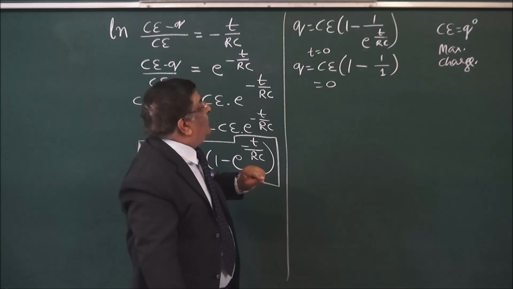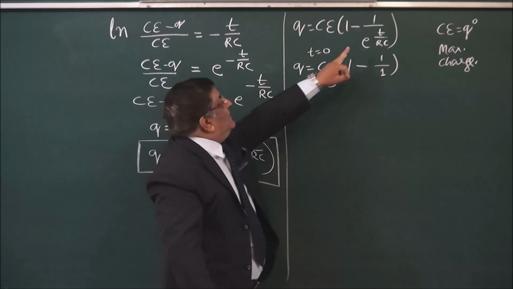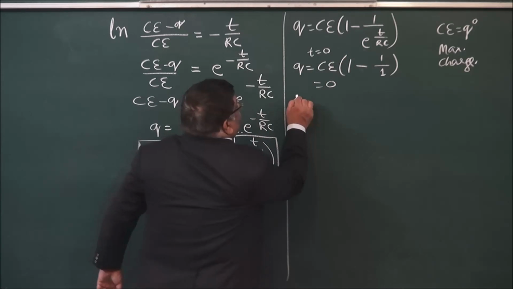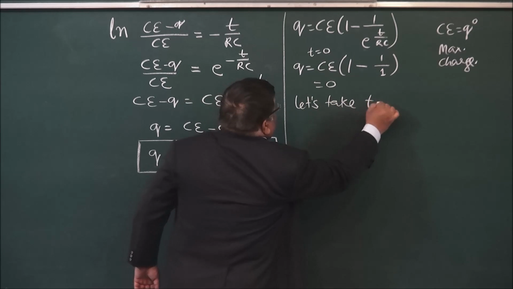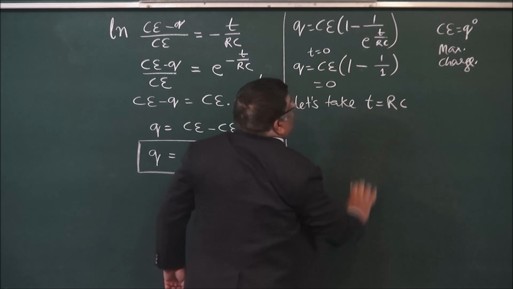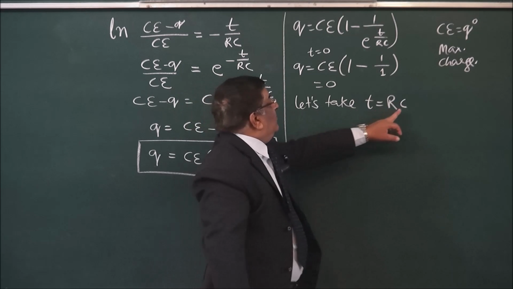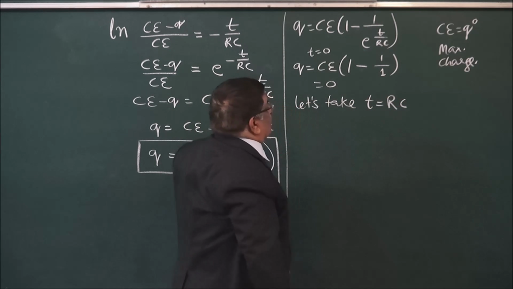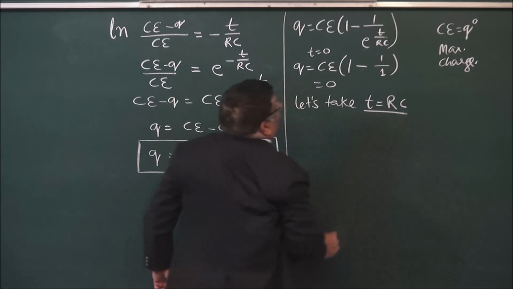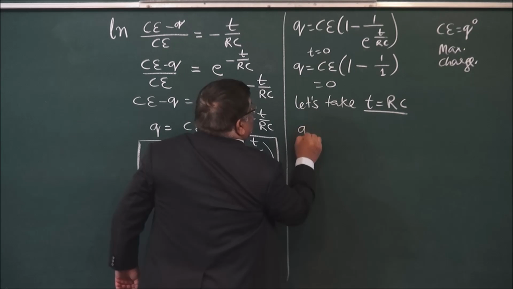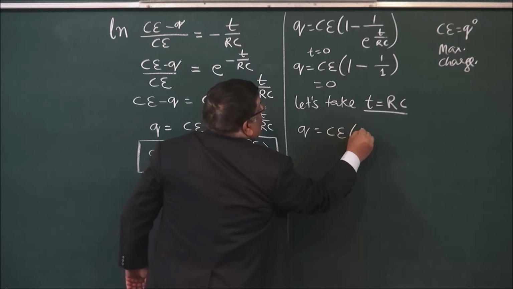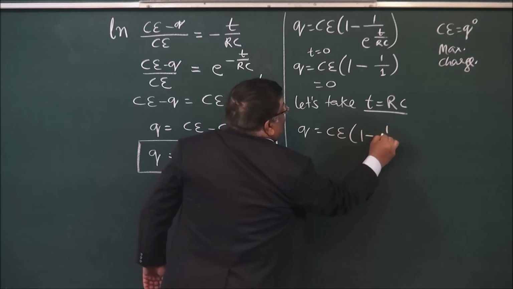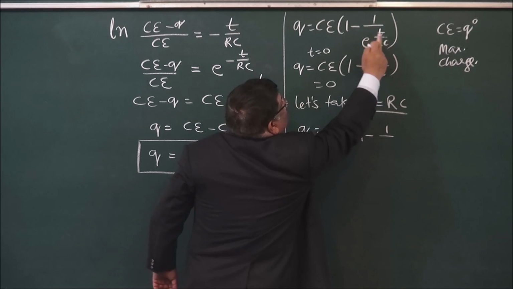0. Now if we take time is equal to RC, whatever the value of R and whatever the value of C, multiply them, t is equal to RC. At this time what will happen? This Q is equal to CE times (1 minus 1 upon e), since t is equal to RC.